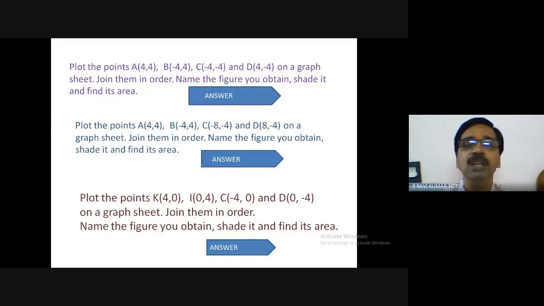So here are the points: A (4, 4), B (-4, 4), C (-4, -4), D (4, -4). Those who have graph sheets can do it quickly, and others can take a rough notebook and check. Right now, look into the answer.